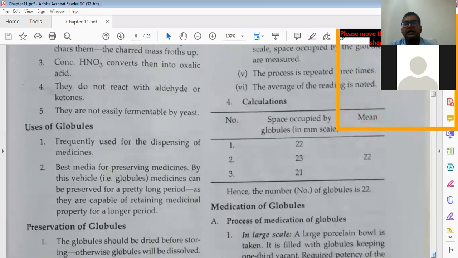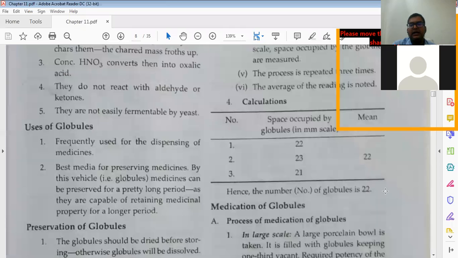Space occupied by globules in millimeters: first time you got 22 millimeters, second time you got 23 millimeters, third time you got 21 millimeters. So the mean is of 22, 23, 21.